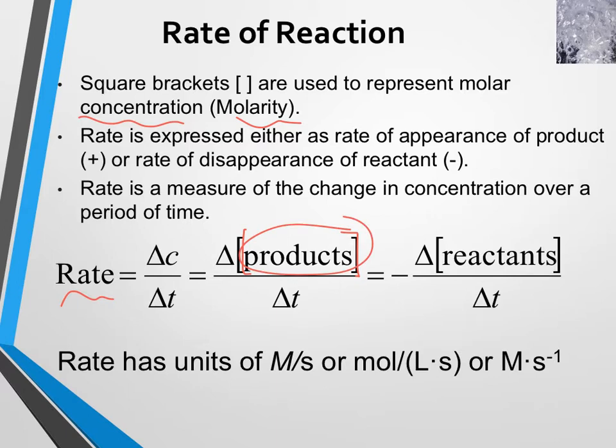It could be any of the products or any of the reactants. Keep in mind that if you're monitoring the rate of change of reactants, they are disappearing over time, and so that's typically designated with a negative sign. If you're monitoring the change in concentration of products over time, they are increasing, and so that is typically designated with a positive sign.